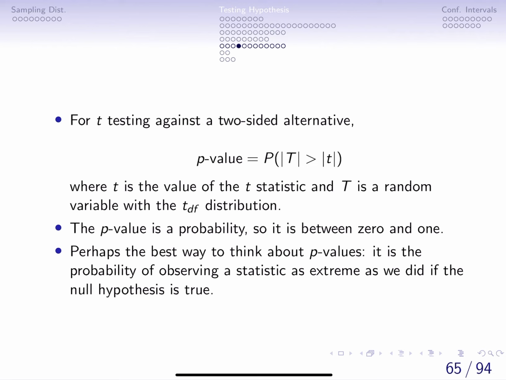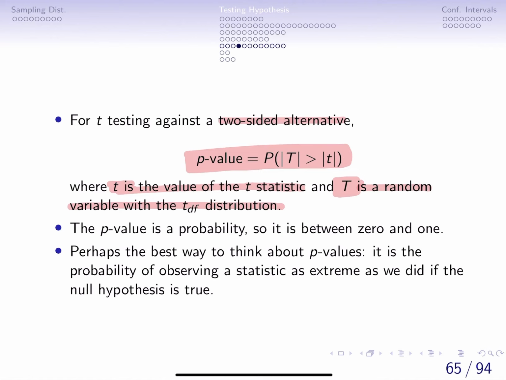In defining what the p-value is, as far as that two-sided alternative goes, we can write the p-value in this form. This is a probability, where small t is the t-statistic and big T is the random variable that follows a t-distribution.